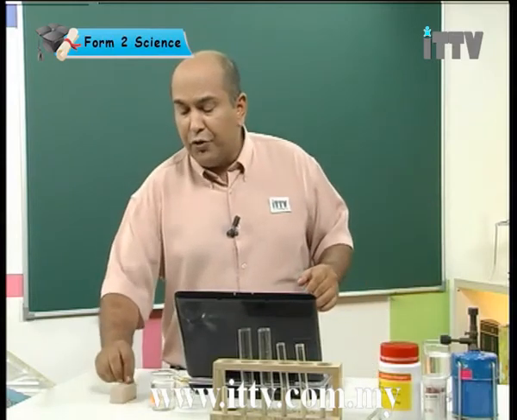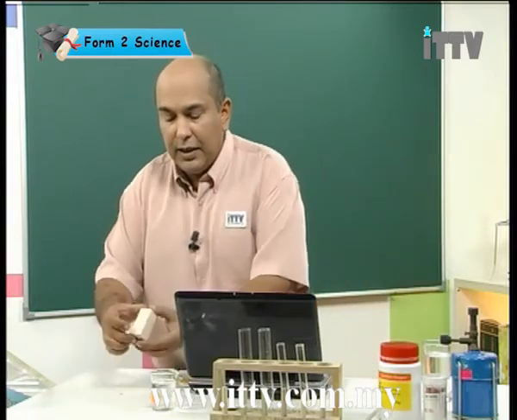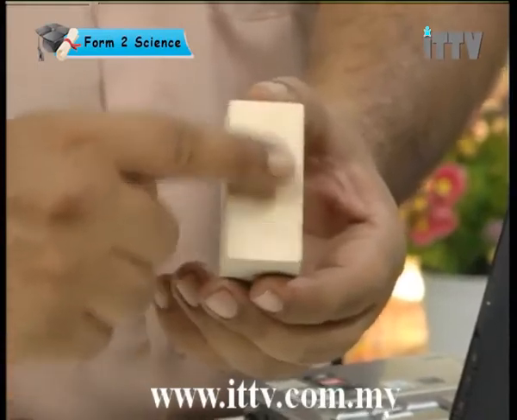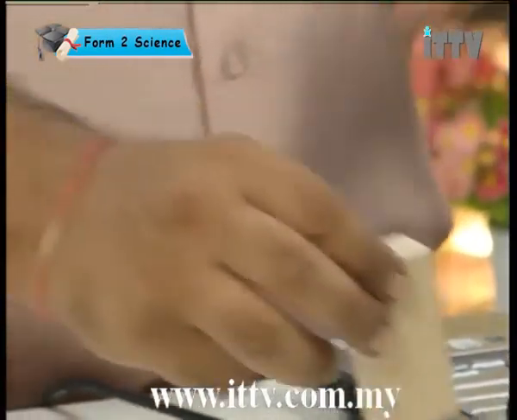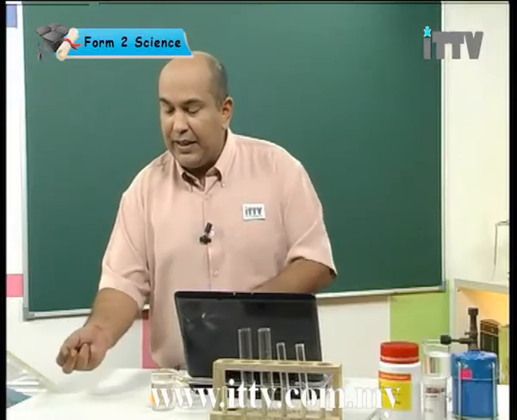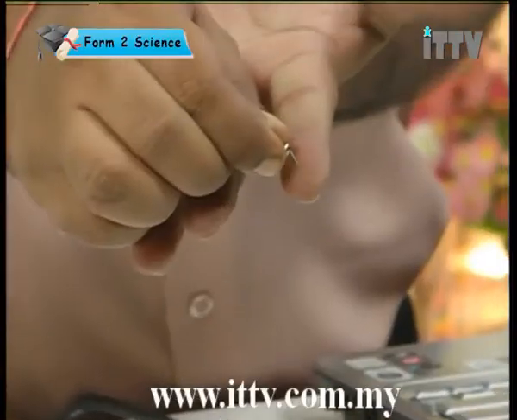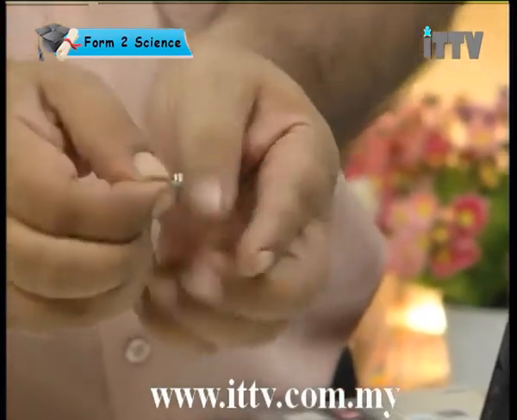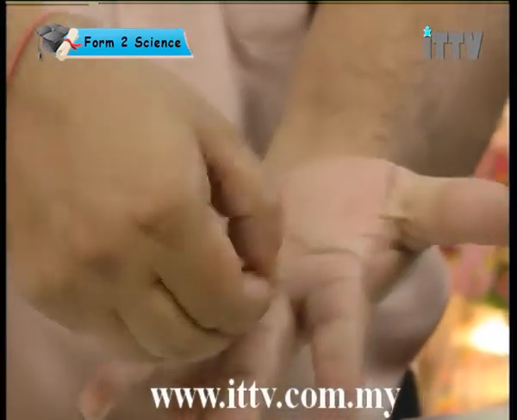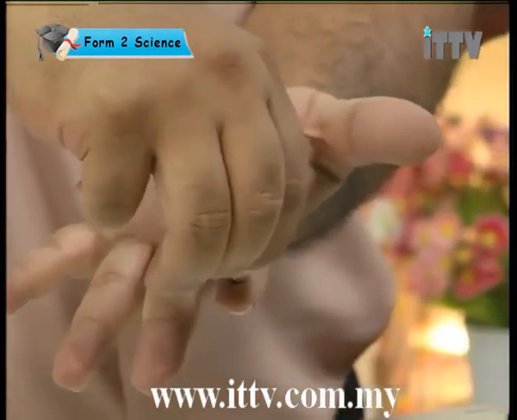Sometimes we need to know if something is smooth or if something is rough. We also need to know if something is sharp, like this, and can poke you, or if something is rounded and is not so dangerous when it hits you.